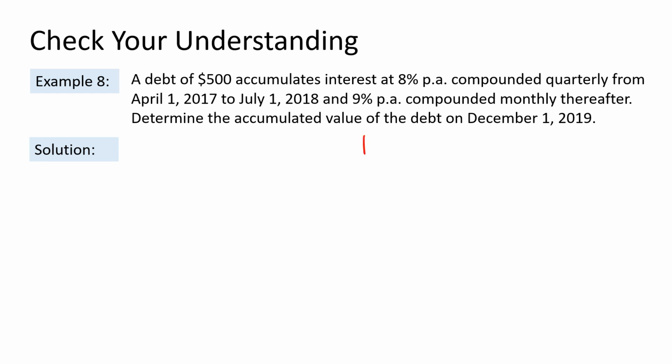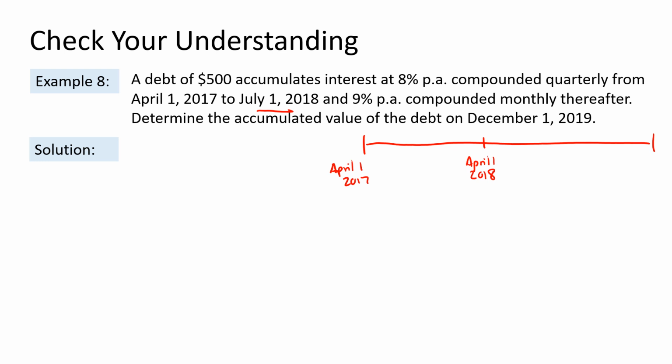So I'll start with our timeline here. Right now is April 1st, 2017. We're going to go to April 1st, 2018. Still has not accumulated.